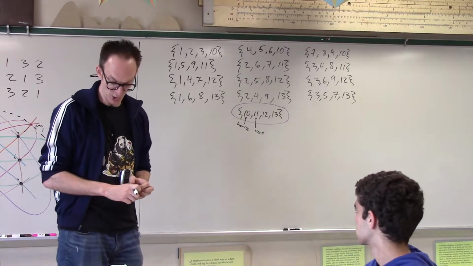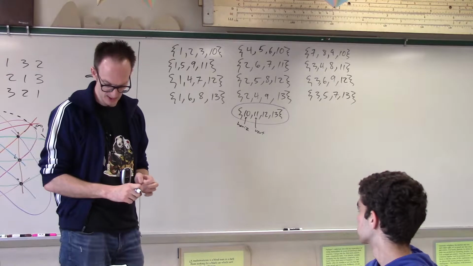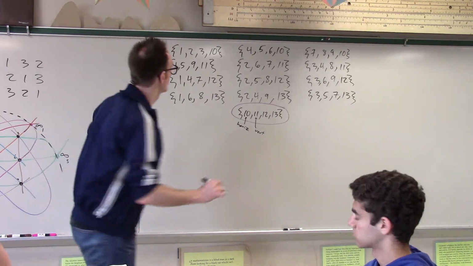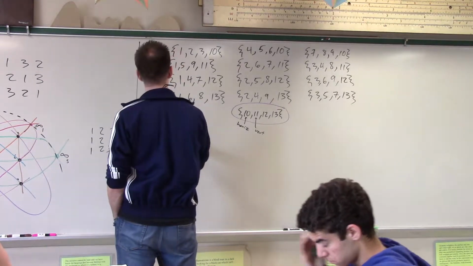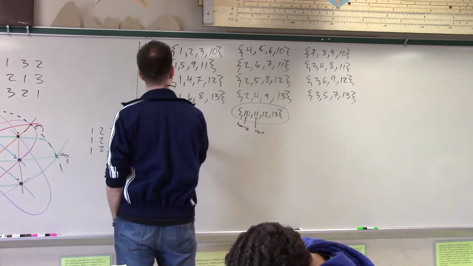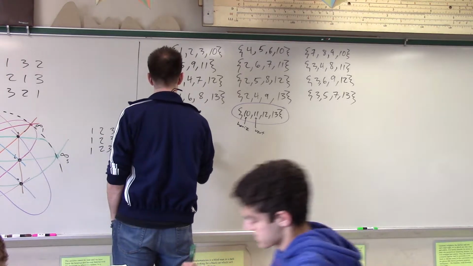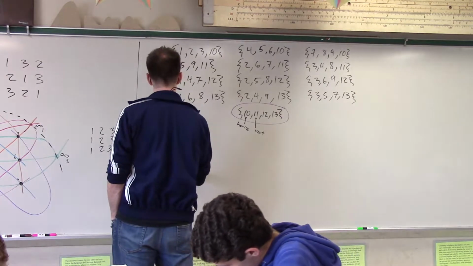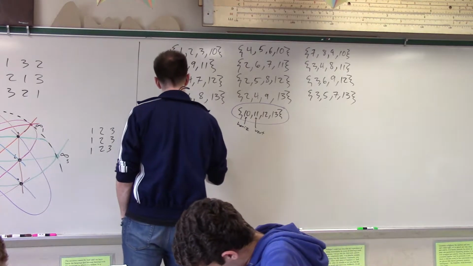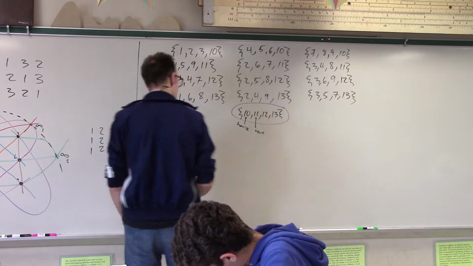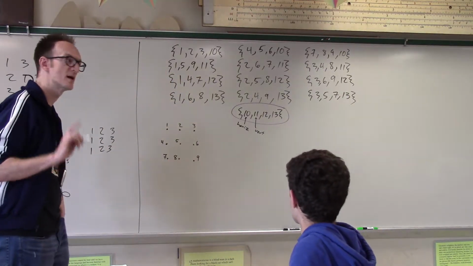How do I want to do this? Suppose I were to just write out the points 1, 2, 3, 4, 5, 6, 7, 8, 9. Is that how I want the points? I think it isn't quite.